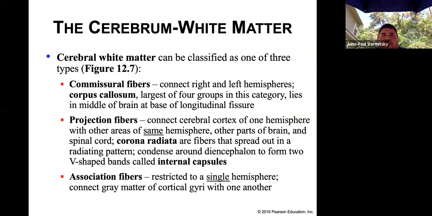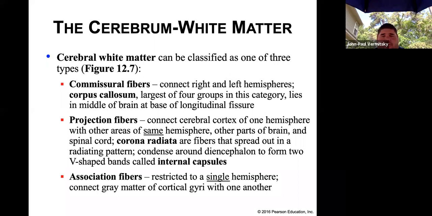The white matter of the cortex can be classified as one of three types. You'll have commissural fibers. These connect the right and left hemispheres, and this particular structure is called the corpus callosum. This is the largest of the four groups in this category, and it lies in the middle of the brain at the base of the longitudinal fissure.